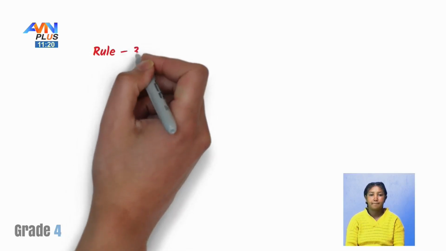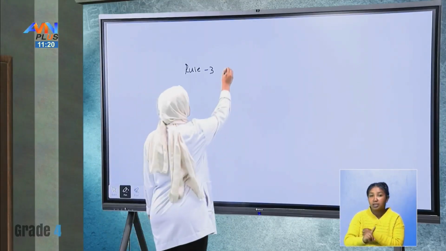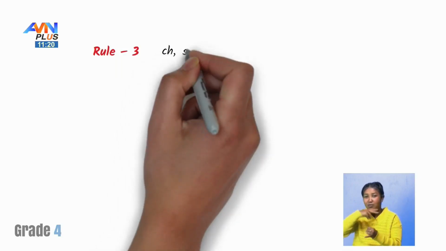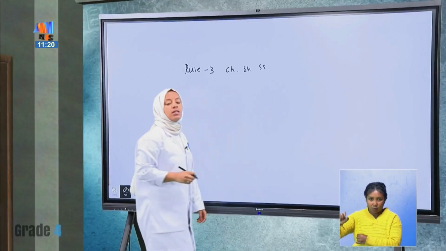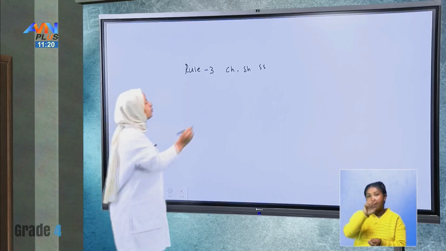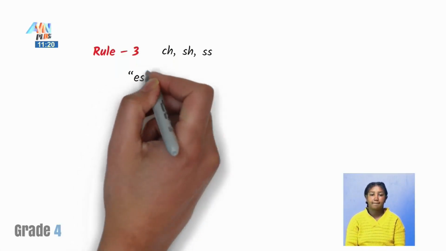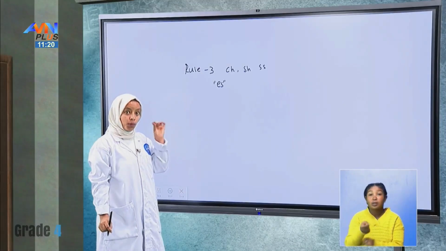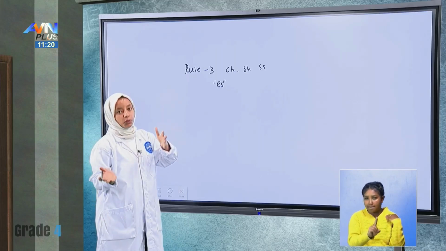This one, a verb ending with CH, SH, and SS also. We can use this verbs by adding ES. Don't forget again, this rule only working for singular subject, noun or pronoun.